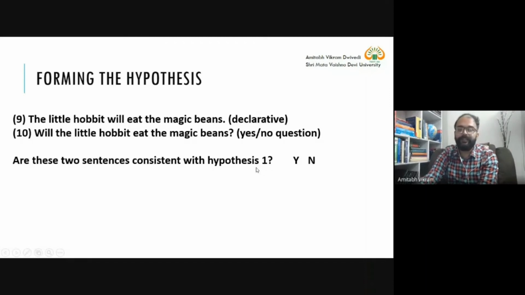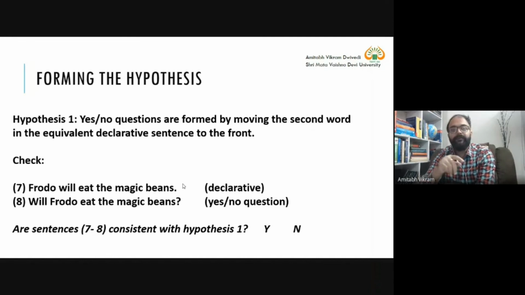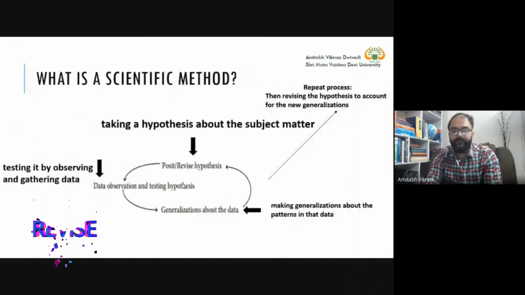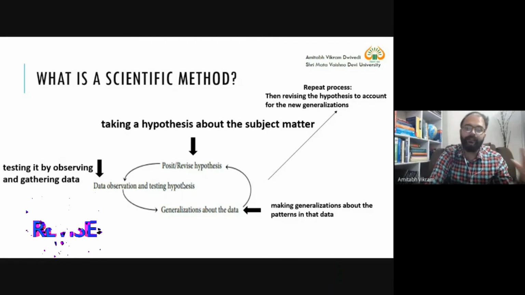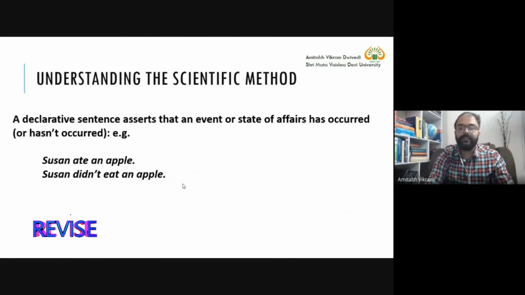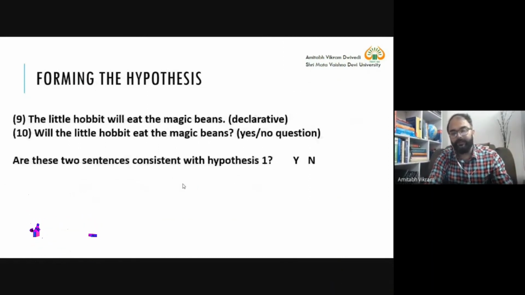Now this is the second test. No, that means the problem is not in the language, but the problem is in our hypothesis. So we need to revise the hypothesis. Fine. Once we observe data, test our hypothesis, and find our hypothesis is wrong, the next thing is we need to revise it.